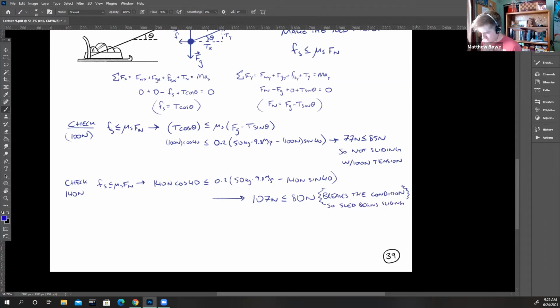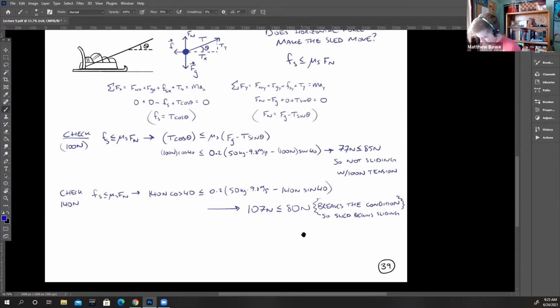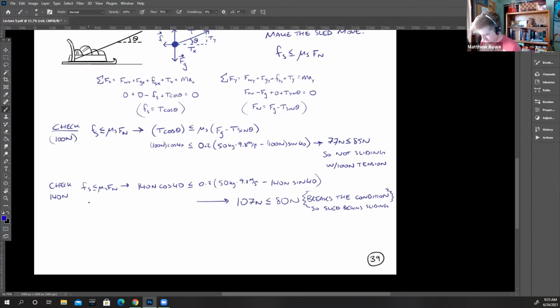Okay. Now we have our check done. We know that it's going to start sliding at 140 newtons. Let's find the kinetic friction of this tension that we're giving.